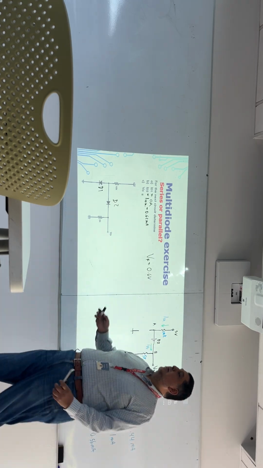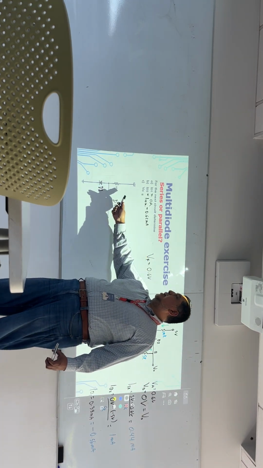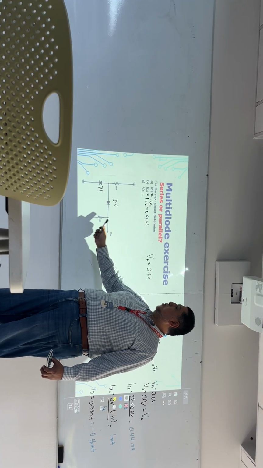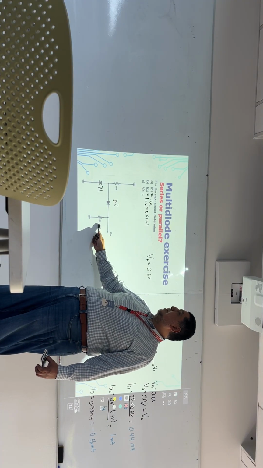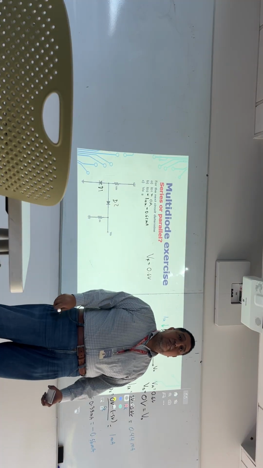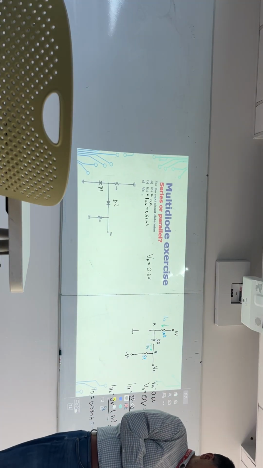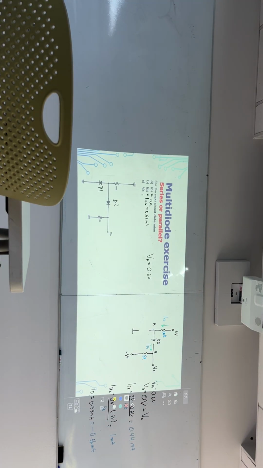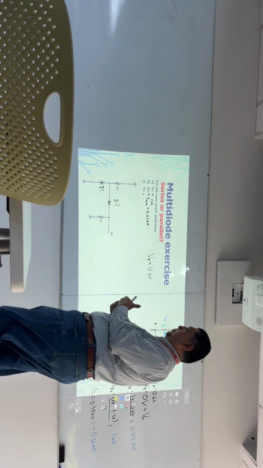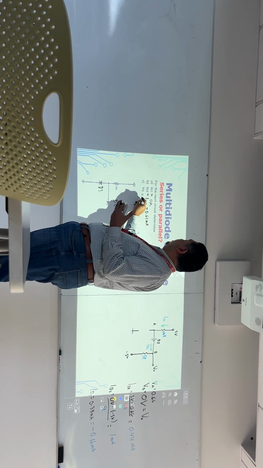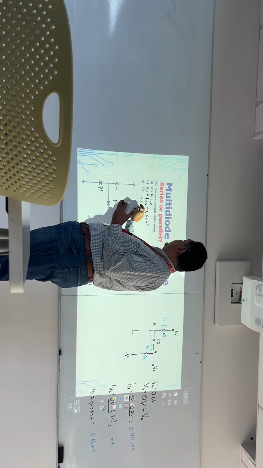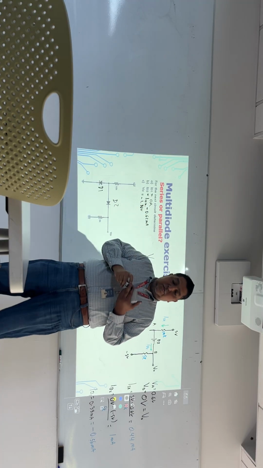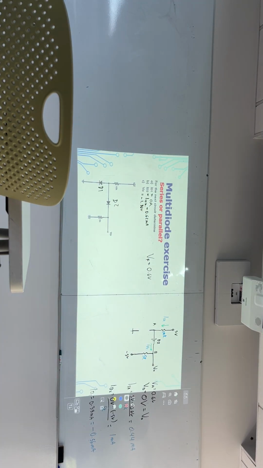How can you do that? 5 minus 10k times 0.62, or minus 5 plus 5k times 0.62 milliamps. In this case, 5,000 minus 1.8, 86. So those are the new values.